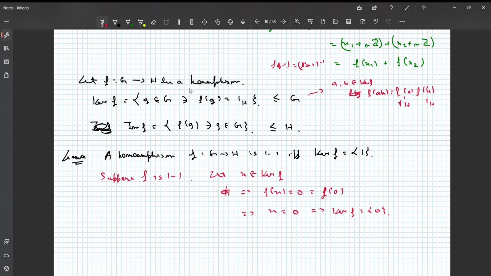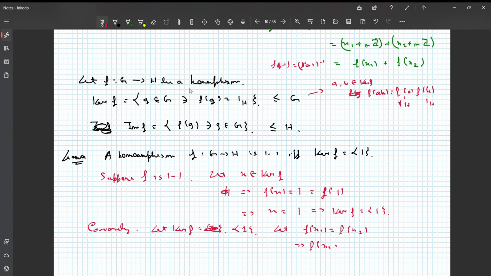Clear? Conversely, let the kernel of f be trivial. I'm using the wrong operation here, very sorry, so it should be 1. Let the kernel be {1}. Now let f(x1) be equal to f(x2).